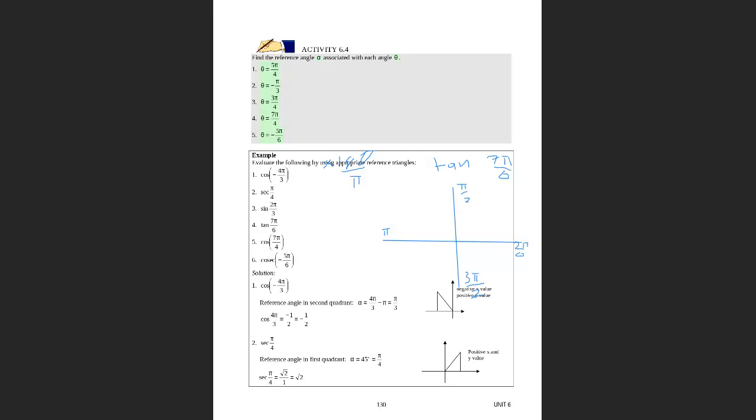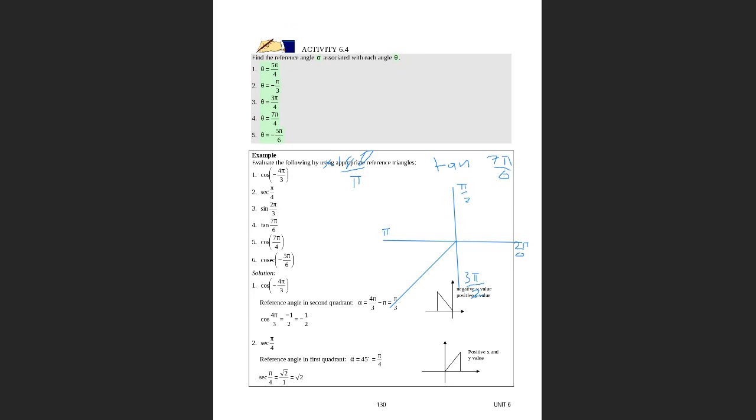If you do that, it's going to give you 210. That means it's going to be in the third quadrant because you are going in the anti-clockwise direction.